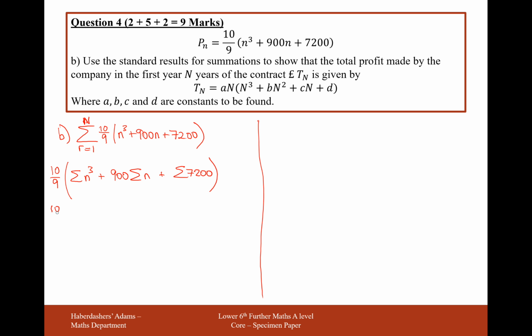Okay, so bringing in the formulas now. It's 10 over 9 times capital N squared over 4, N plus 1 squared, plus 900 capital N over 2, N plus 1, plus, if you're just adding a bunch of 7,200s up N times, you get 7,200N.